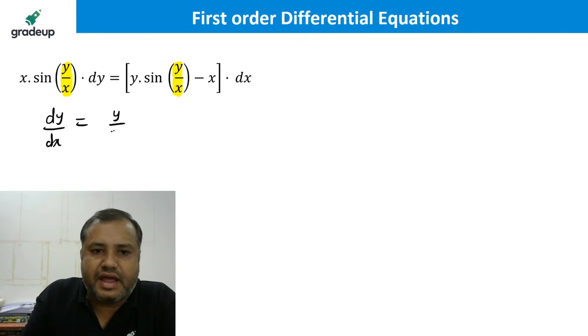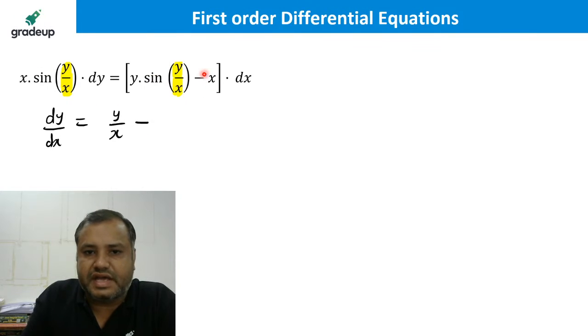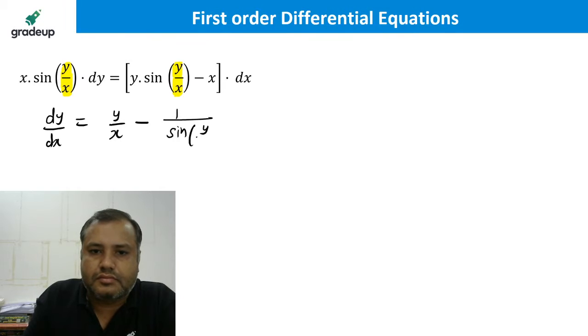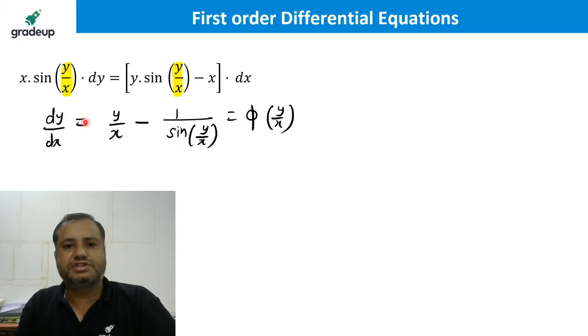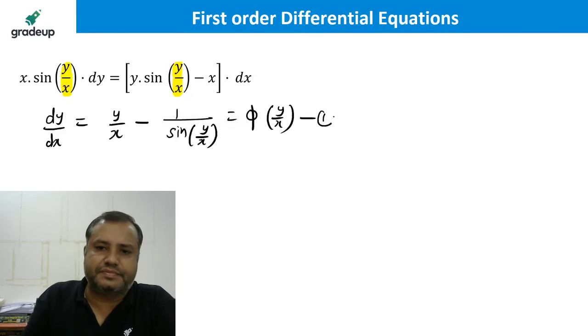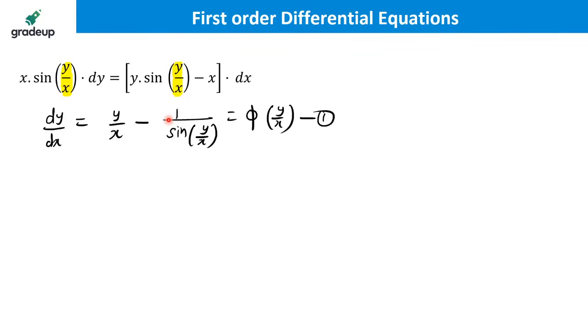So y by x and sin gets cancelled, minus x and x gets cancelled, 1 upon sin. So we can say that this is purely a function of y by x. So this is a homogeneous differential equation.